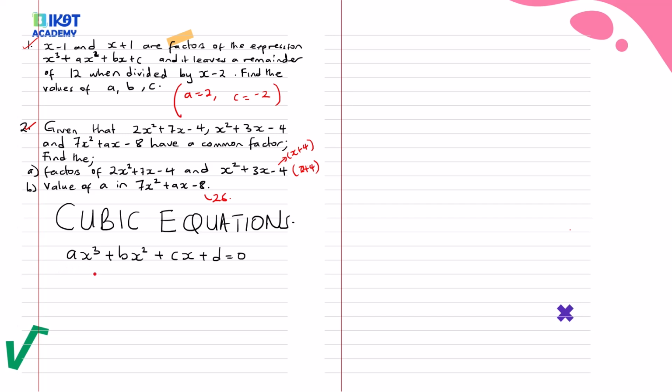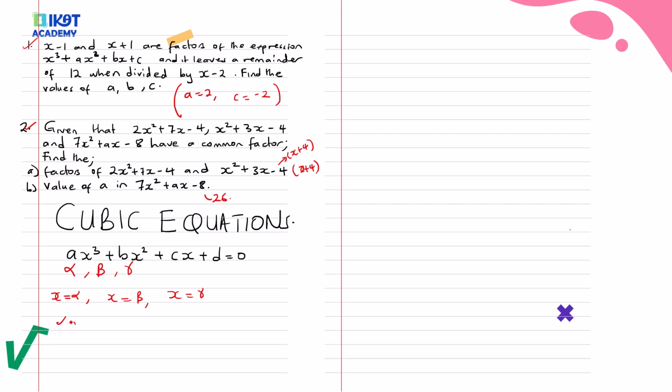So here, we can assume the roots of this equation to be alpha, beta, and gamma. So now you can say x is alpha, x is beta, and since these are the roots, x is gamma.